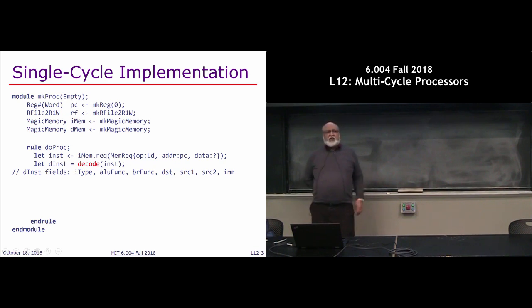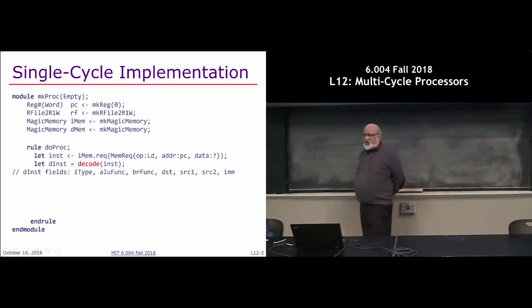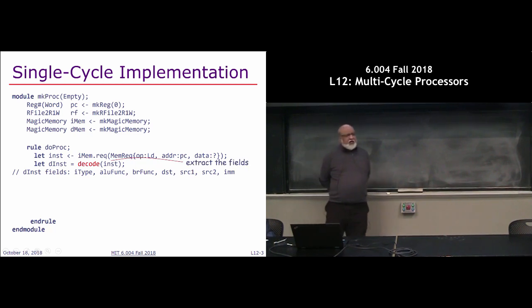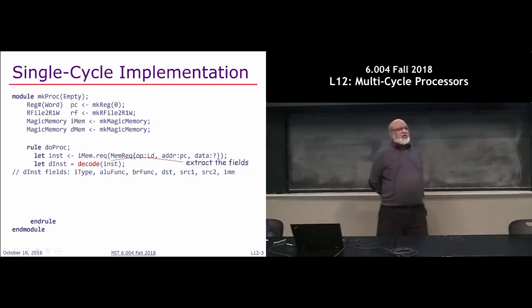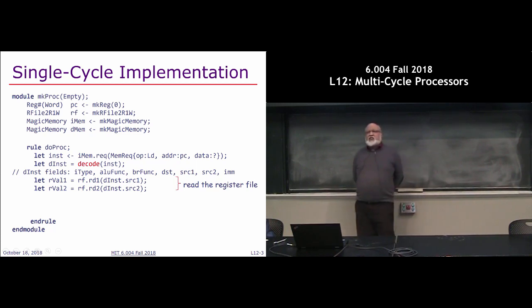Remember, our memory is magic memory, which is very simple, so we immediately get the answer in the same clock cycle. Once we have the instruction, we decode it. Decoding is the decoder you're writing in lab 5, and once you have decoded the instruction, the next thing you do is the reads from the register file.